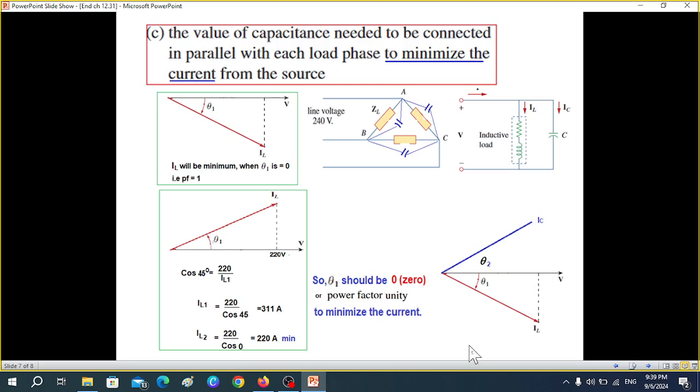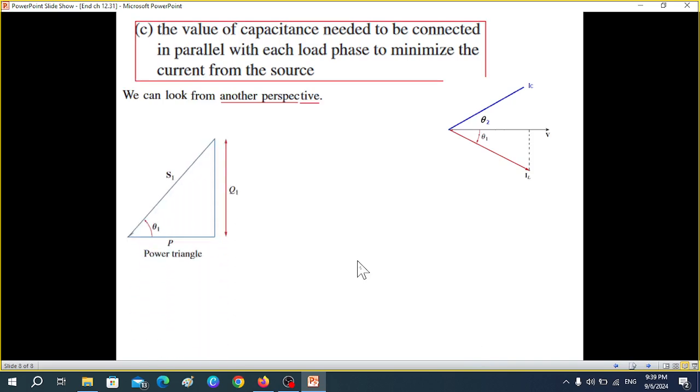Another way we can look at it is with this power triangle. This is the real power, this is our imaginary power, and this is the complex power. Now what we want is to minimize this Q. This has to be 0.